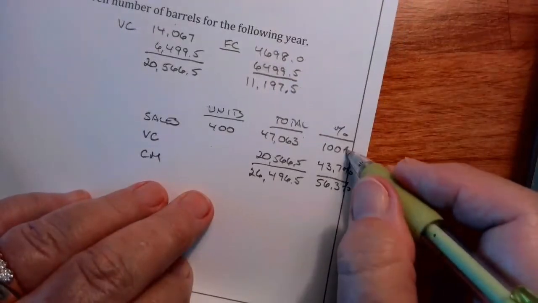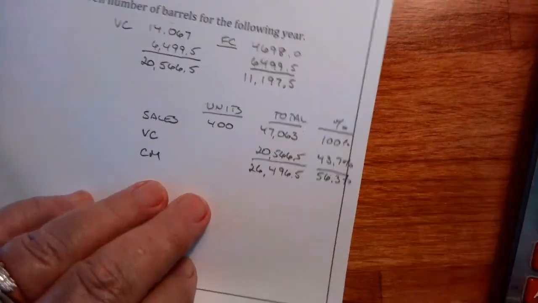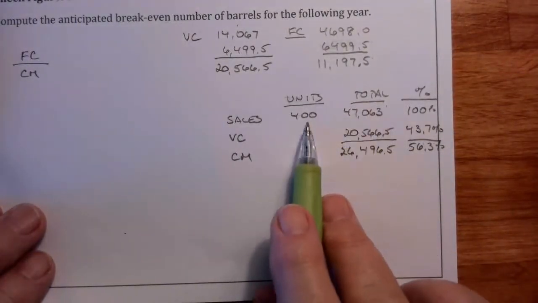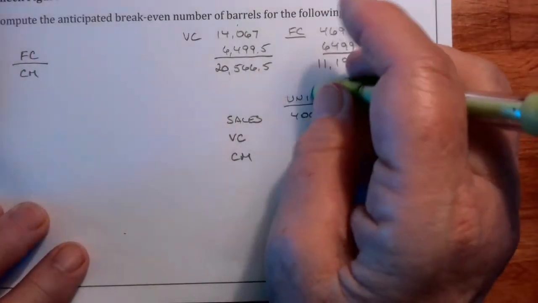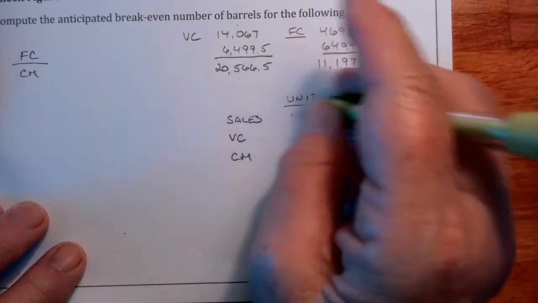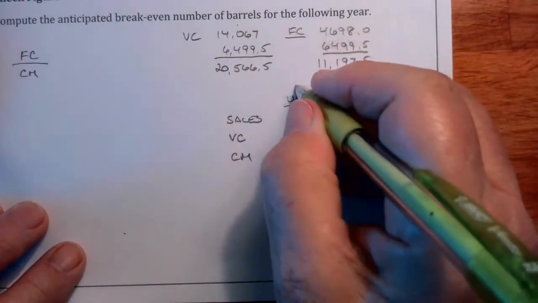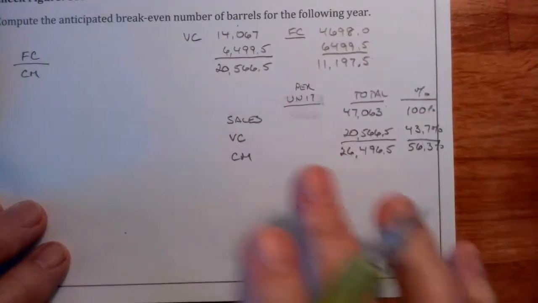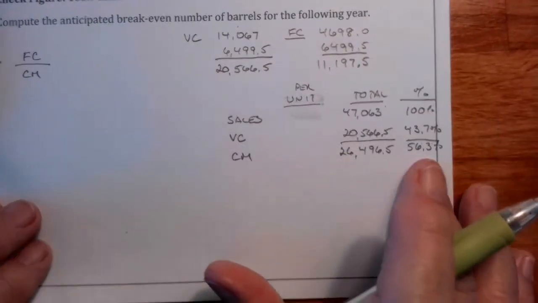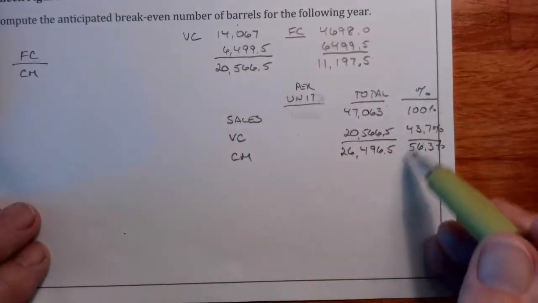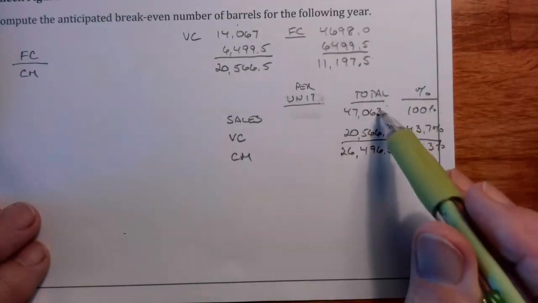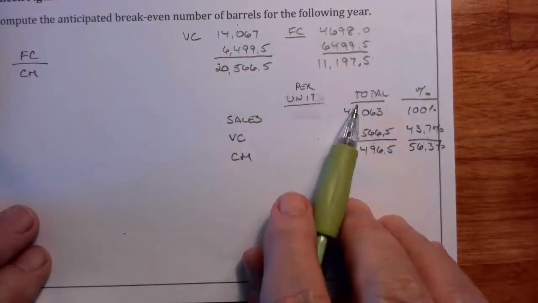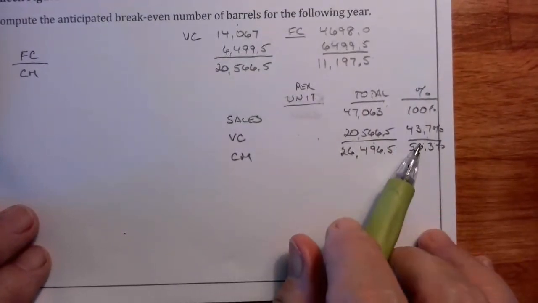And if I add these up, they sum to 100%, so I'm good. If we had a selling price per unit, it would go here, but we don't, and we didn't need it. This is a good schedule because it puts everything in order, and the relationship between these numbers stays the same, whether it's per unit or total, as with these percents.